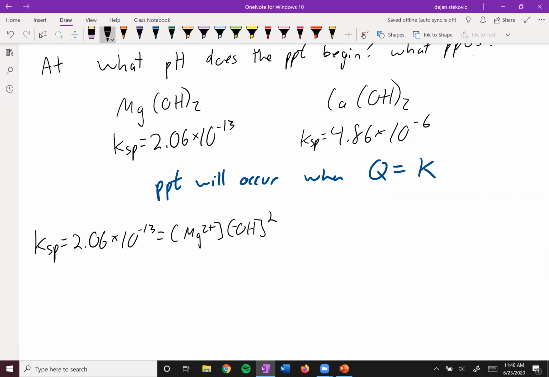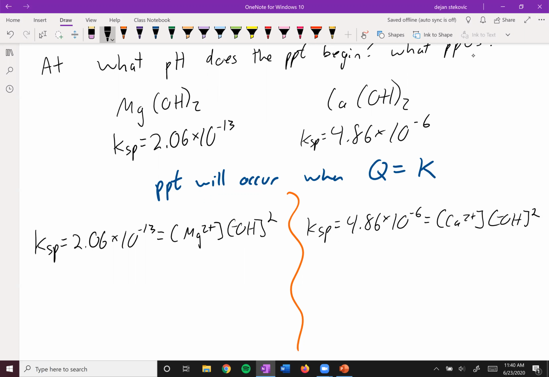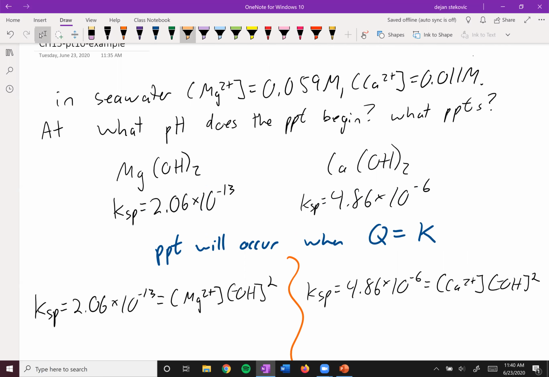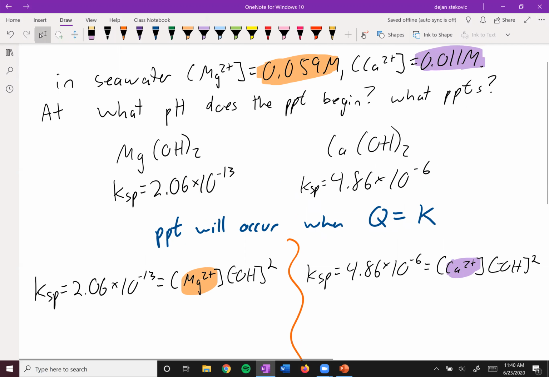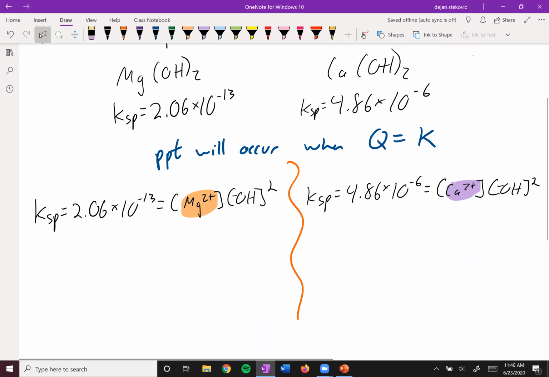And then on this other side, we have essentially the same thing, just different numbers: 4.86 times 10 to the negative 6, which is equal to the calcium 2 plus times the concentration of the hydroxide squared. Now we have the initial concentrations of the magnesium and the calcium, so we can plug both of those into our two equations to determine which one is going to precipitate out first and when.